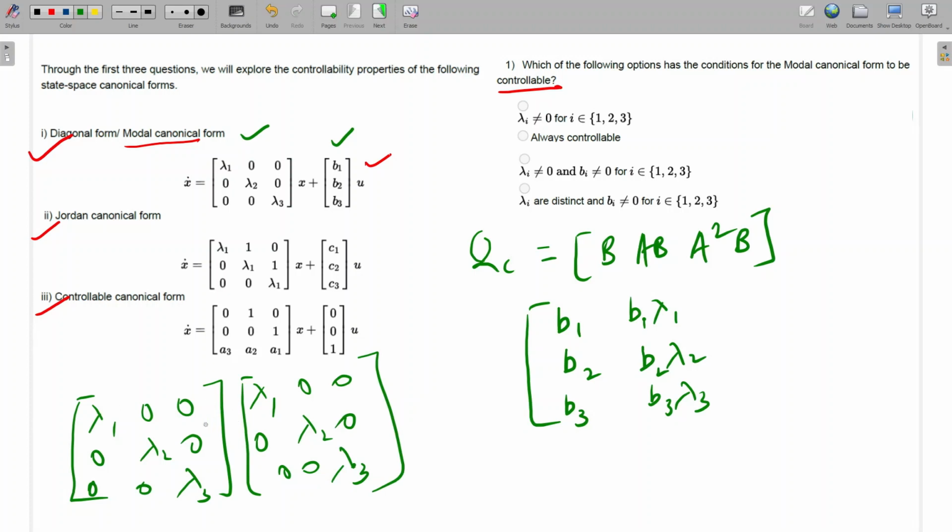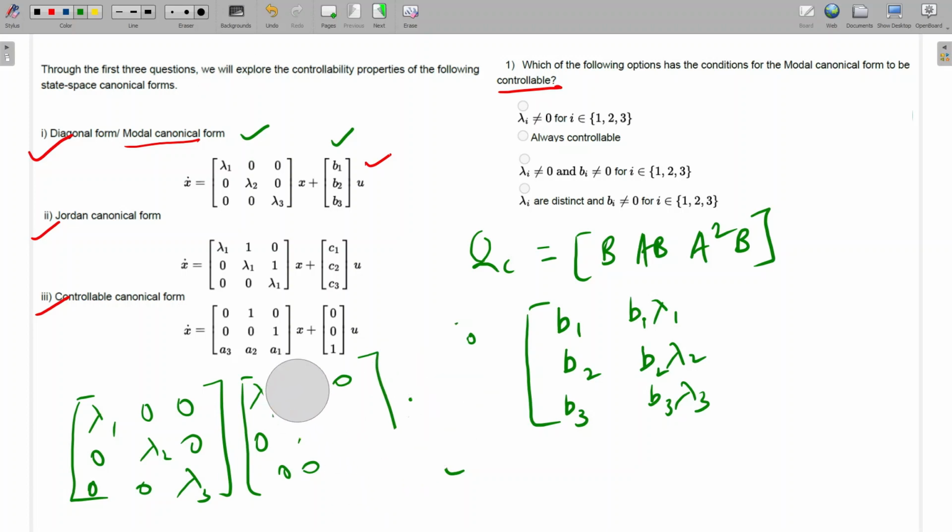If we do the square, multiplying the same matrix, the first element is this row and this column multiplied, so that will be lambda 1 squared. Then here it will be 0. So it will be lambda 1 squared, lambda 2 squared, and lambda 3 squared. Second into second, again the same way. So it will be a similar diagonal matrix with squared values.